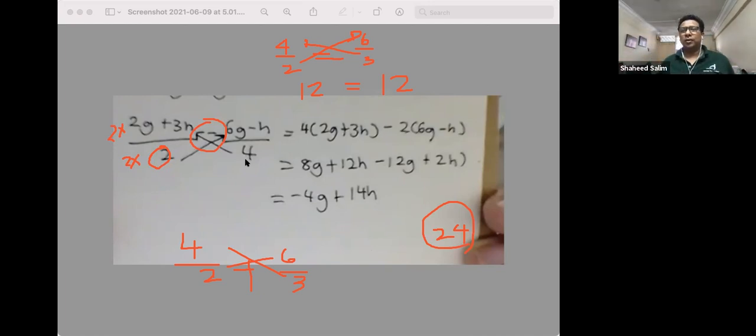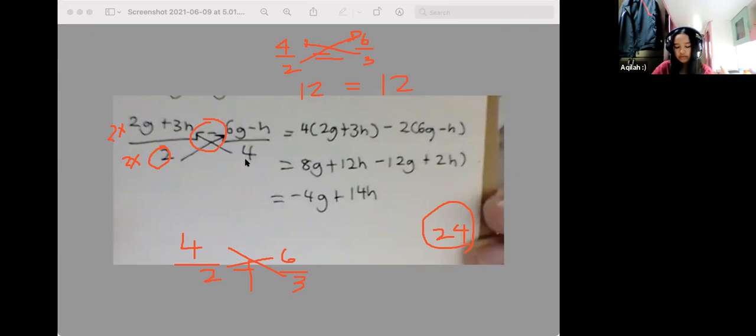Okay, you try. Negative 2G plus 2H over 4.